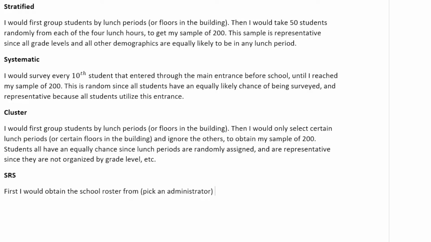In some way or form, it doesn't have to be 100% plausible here, just give me some kind of idea showing me that you have everyone's name. And utilize Excel, that one works, to randomly select 200 students from the roster for my sample.